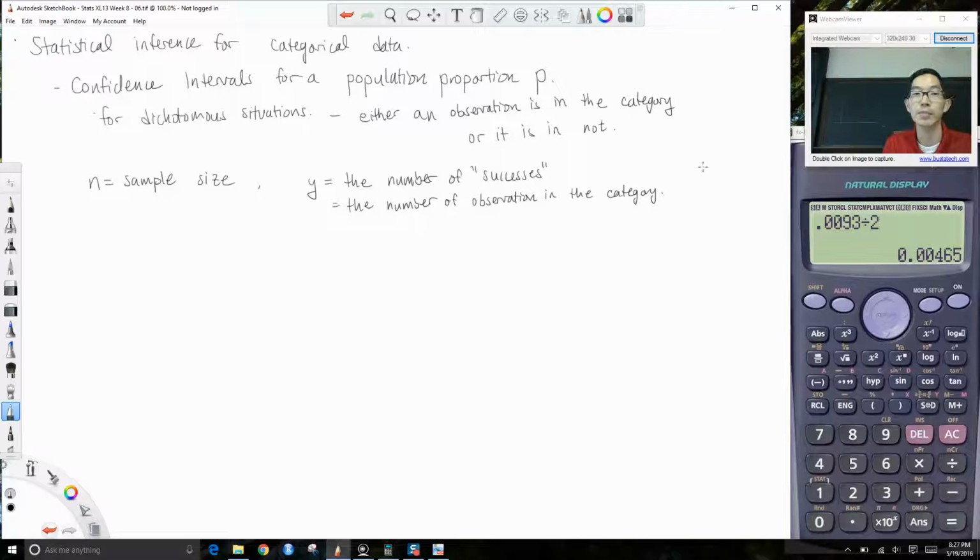Okay, and so our sample proportion would be p hat, which would just be y over n, okay?